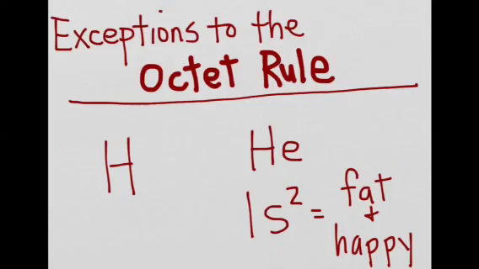So hydrogen, of course, with its 1 valence electron, strives to get 2 valence electrons so that it will be like helium. But hydrogen is a bit of a maverick, and we are going to see when we study acid-base chemistry that it will lose its 1 electron and become a proton.